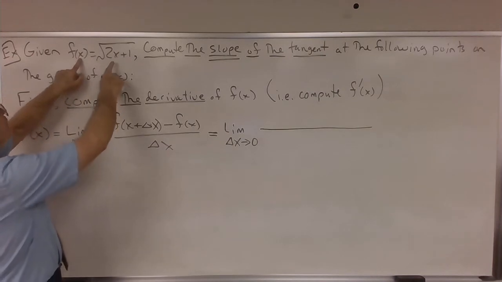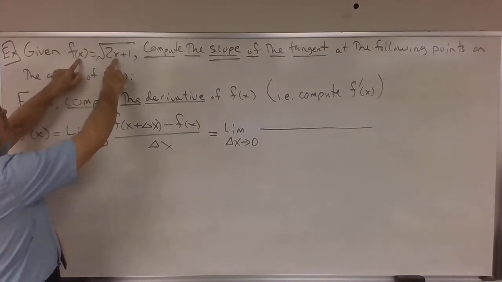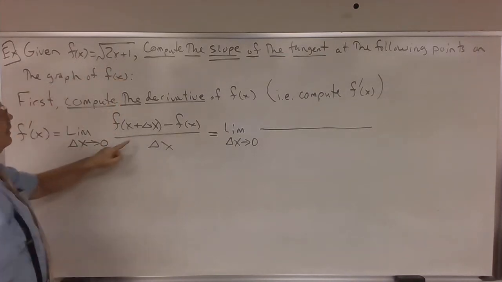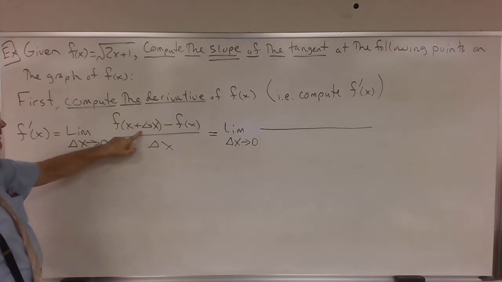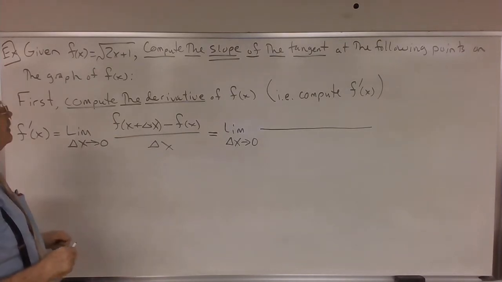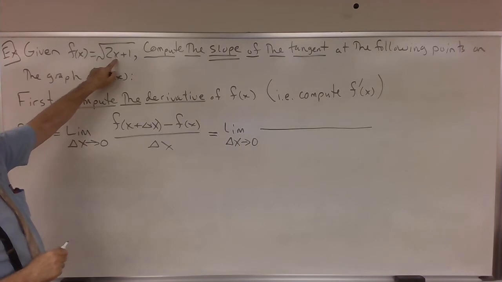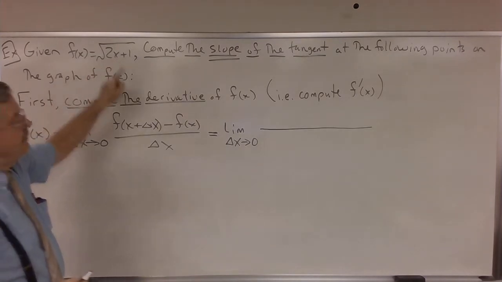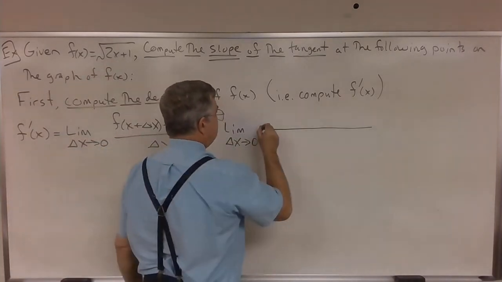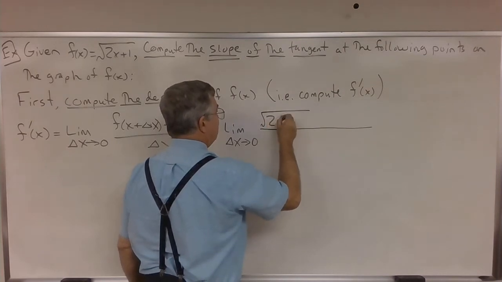So every place that we see an x up here in our model of f of x, we're going to put x plus delta x down here. Well, we see an x up here, so down here we're going to put x plus delta x.